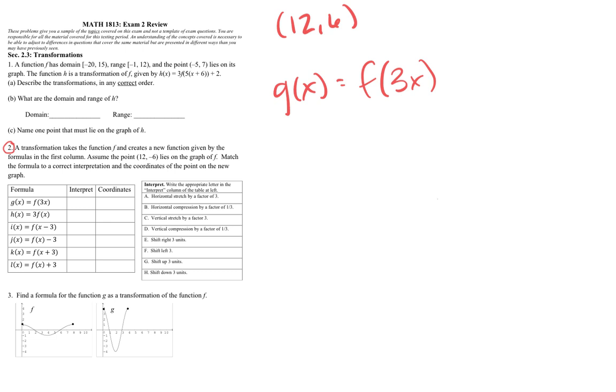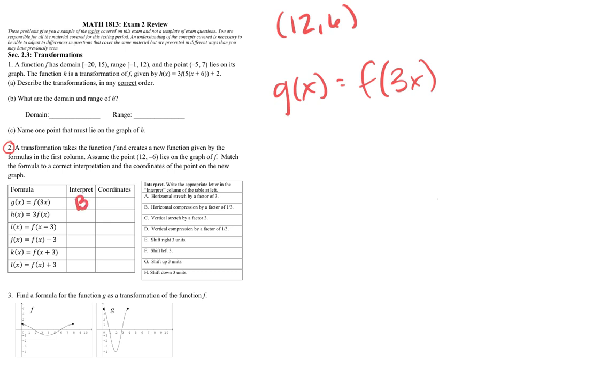So we need to think, what could this be? We look on our list and we see a 3, and we want to think, okay, opposite of what we initially want to think when it's on the inside. So if we see a 3 on the inside, we want to think 1/3. So we come to our list and we see B, horizontal compression by a factor of 1/3. That is what we want.